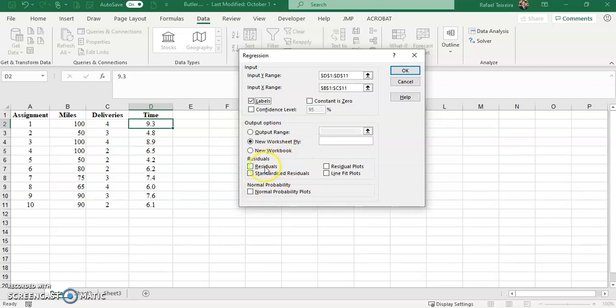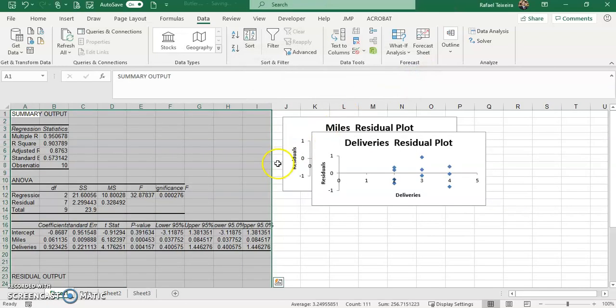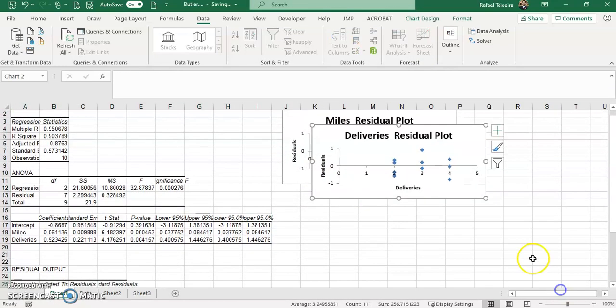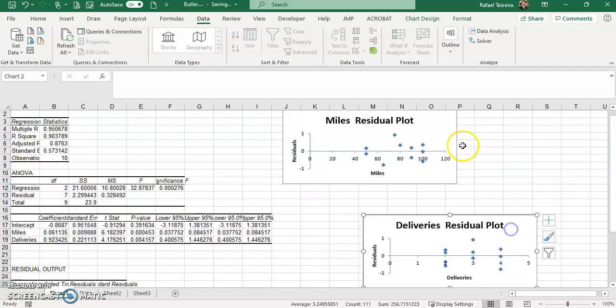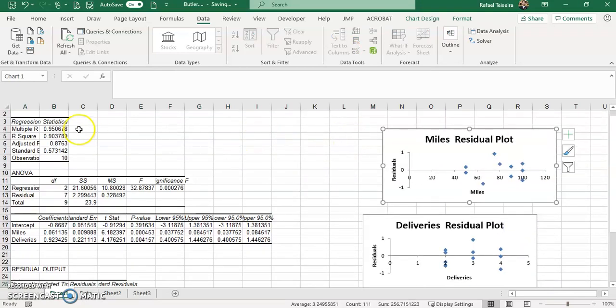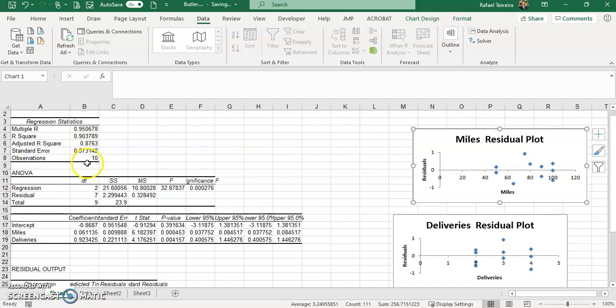Let's ask for residuals, standardized residuals, and residual plots, because remember we had analysis of residuals in chapter 14. So here's the data. I'm going to skip this residual analysis for now.